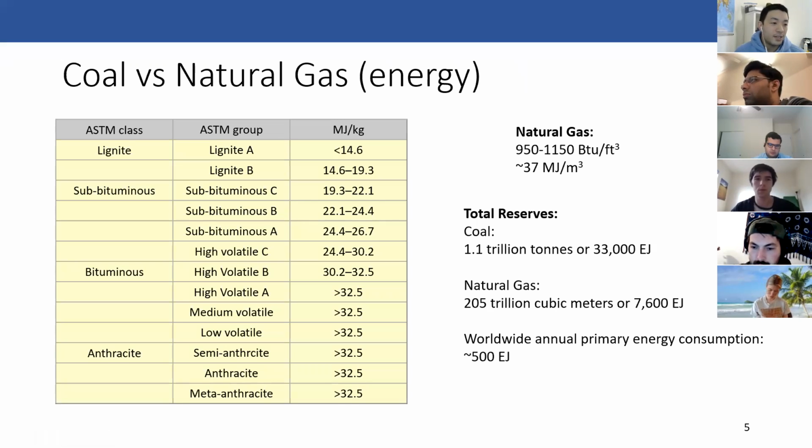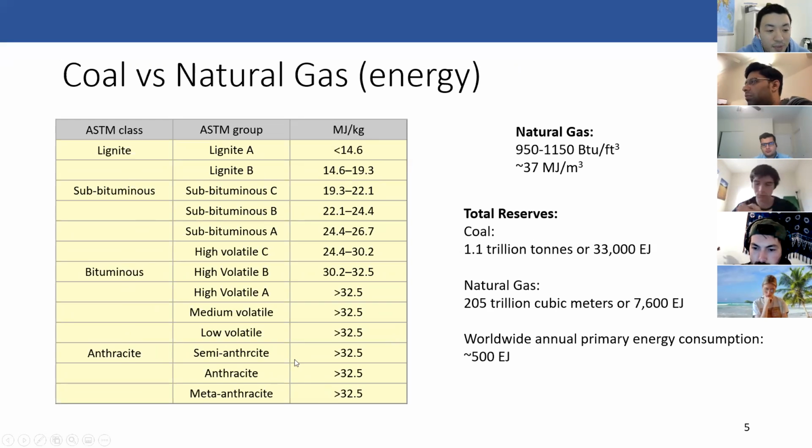Okay, and as I was mentioning about the energy density of your different classes of coal, you got lignite, subbituminous, bituminous, and anthracite. And you can see as you go from the lowest grade all the way up to the highest, you can have quite a large variation in the energy density.